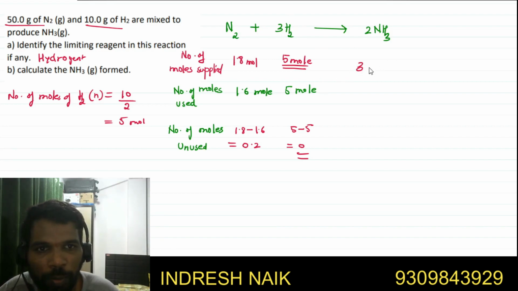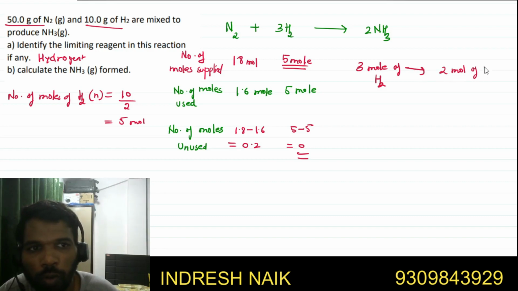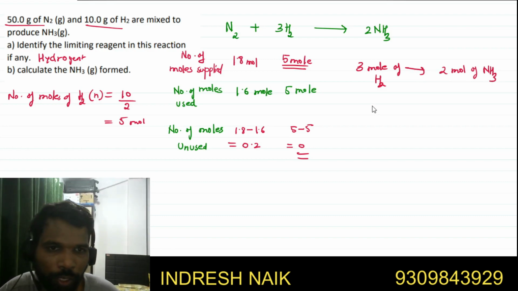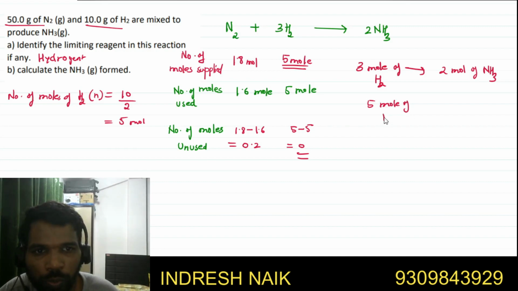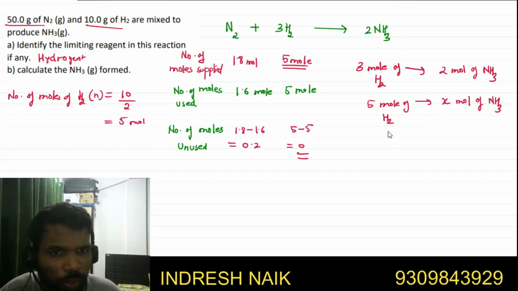I'm writing 3 mole of H2 gives 2 mole of NH3, right? So 5 mole of H2 will give X mole of NH3, right?